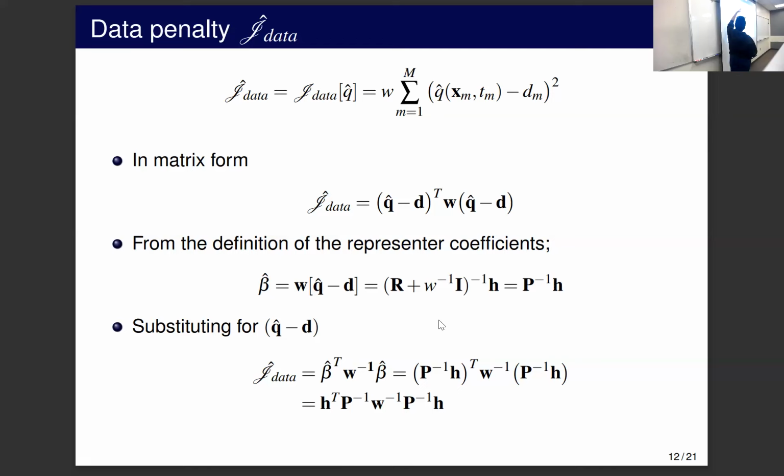Considering the data penalty, which is given as the sum of squared errors in the data, in matrix form it is equal to Q hat minus D transpose, delta, the weight to the data, and then Q hat minus D. And from the definition of the representer coefficients, we obtain beta in terms of Q hat minus D. And therefore, substituting for Q hat minus D, it is equal to W inverse H, and this gives us this matrix notation for the J data of Q hat.